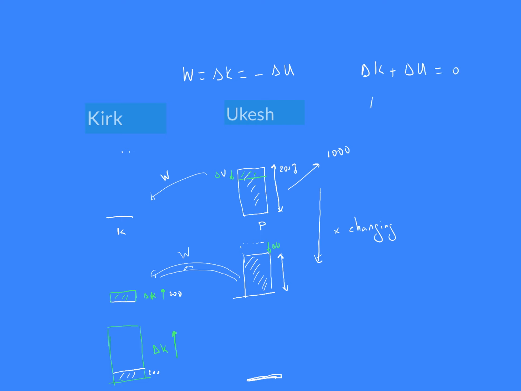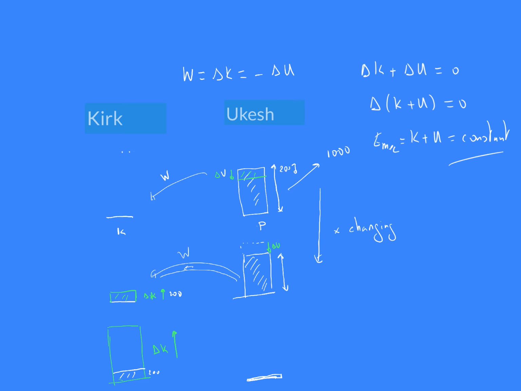Or the change in K plus U is zero. And if the change is zero, it's because K plus U is constant. This is the principle of conservation of energy, that the mechanical energy, defined as K plus U, is constant. This is what we will work on during the video.